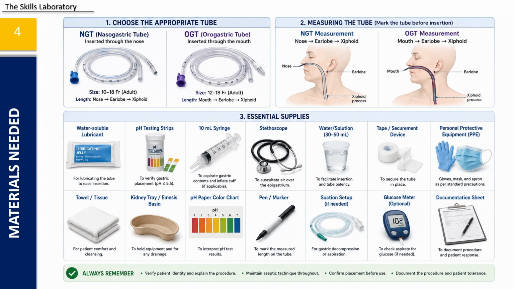A 10 ml syringe, or actually what we use in the hospital setting is an asepto syringe. Okay, the asepto syringe is very important in order for us to confirm the placement of your tube in the GI tract, especially in the stomach. You have to use your stethoscope to listen for gurgling sounds for confirmation of the placement.